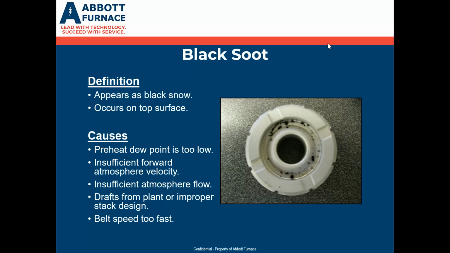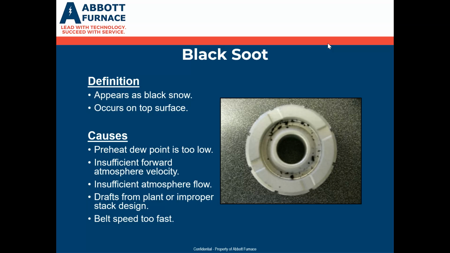The carbon vapors work their way out, and if not enough atmosphere velocity is going forward to flush it out of the furnace, it'll get carried back through the preheat and the high heat. And then when it gets into the cooling sections and starts to cool, those vapors solidify and it just falls on top of the parts like black snow.